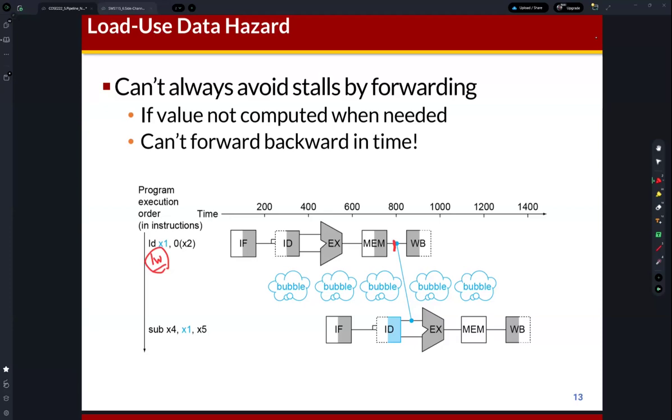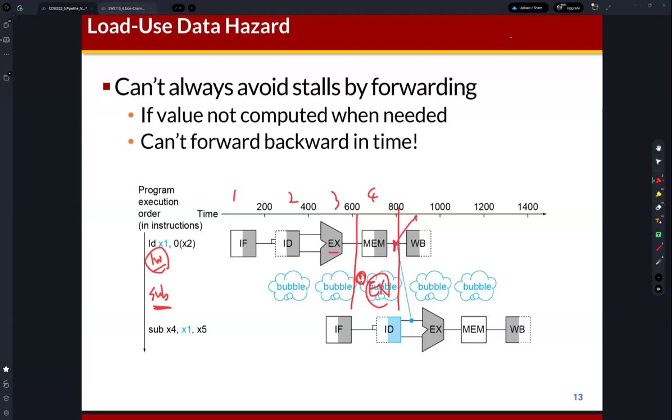And then, if we just use data forwarding from the ALU, in order to execute this sub instruction, the sub instruction requires the data at this point, right? The early part of this clock cycle number 4. So 1, 2, 3, 4. So what's the problem?